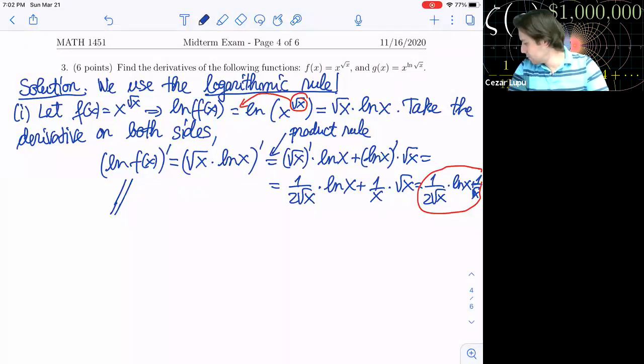One over f of x, and are you missing something?